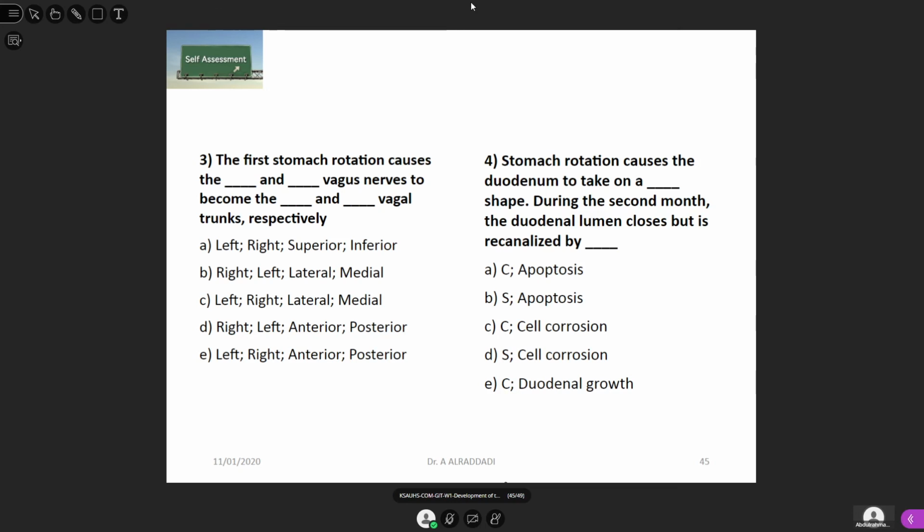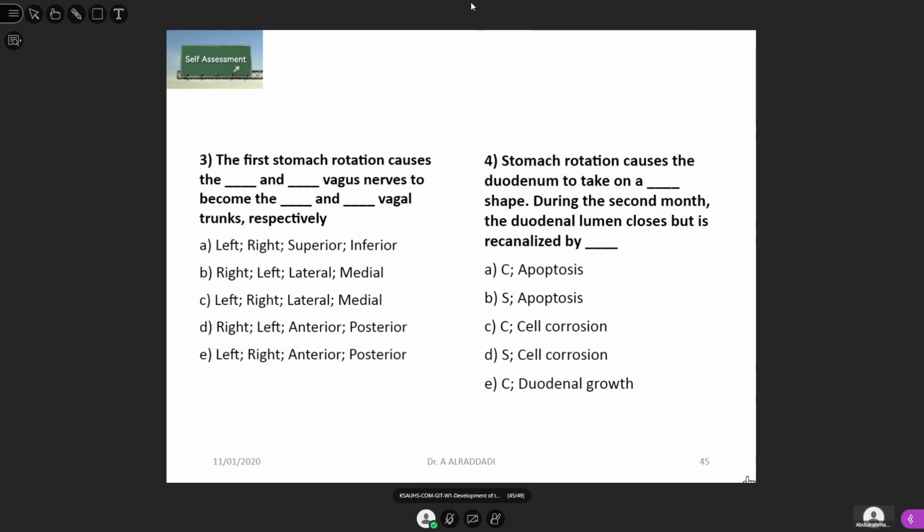Yes, correct. Left and right vagus nerve to become the anterior and posterior. Question number 4. Stomach rotation caused the duodenum to take on a shape.